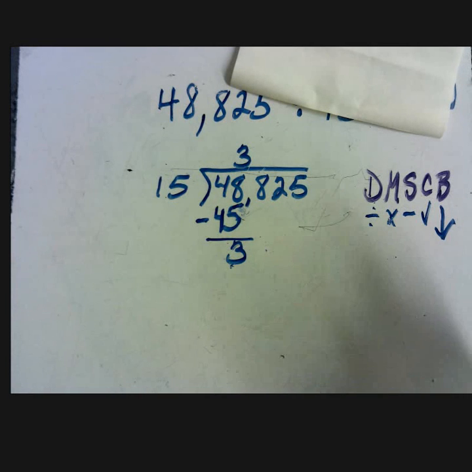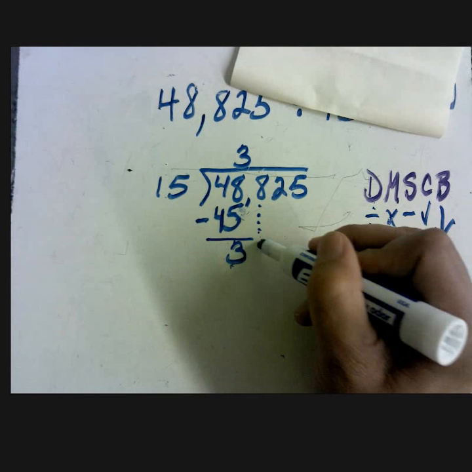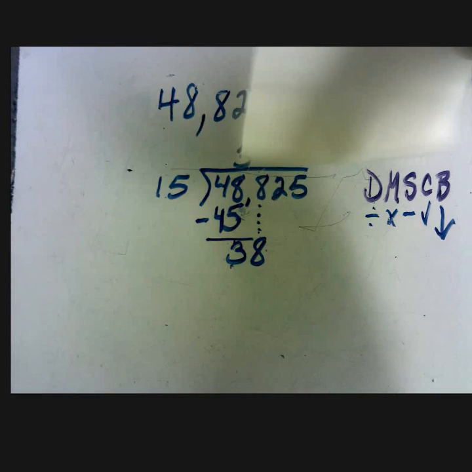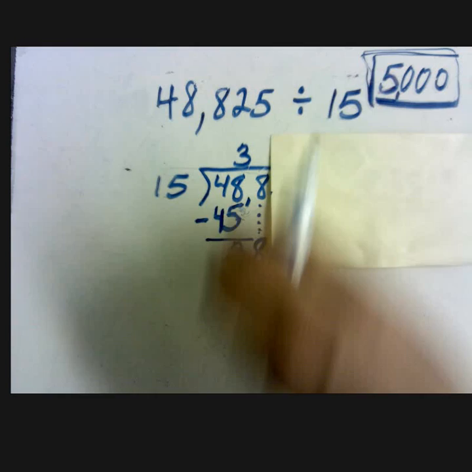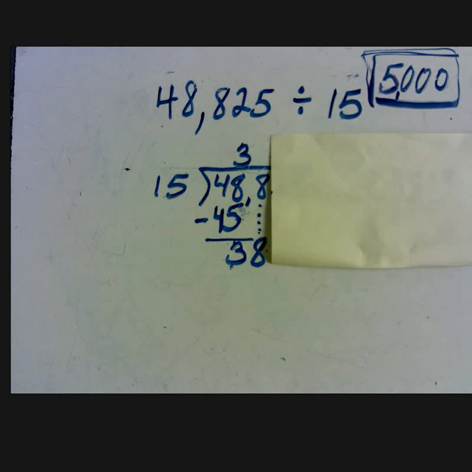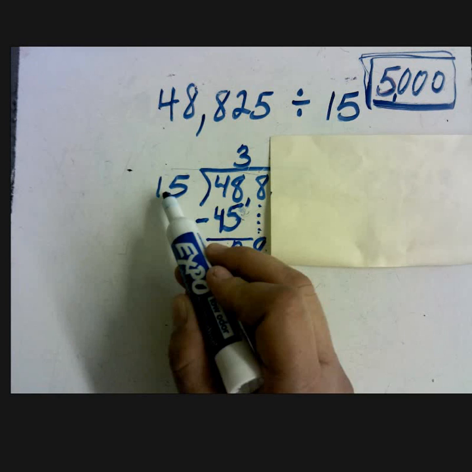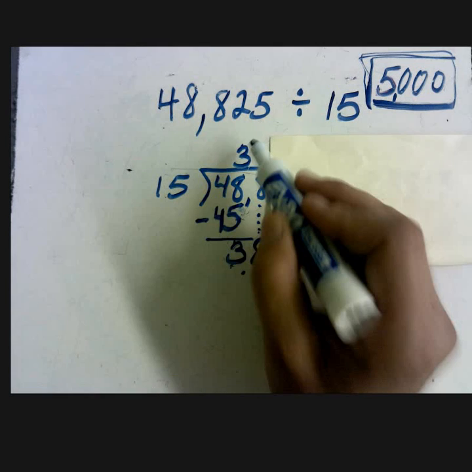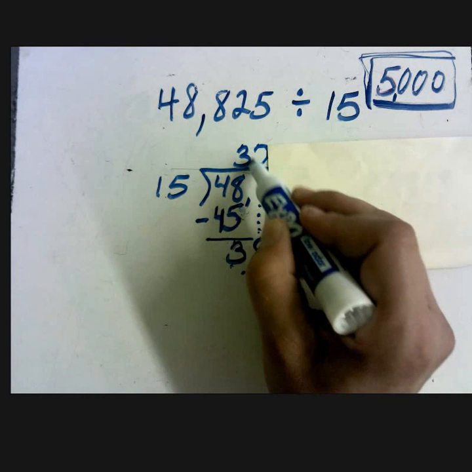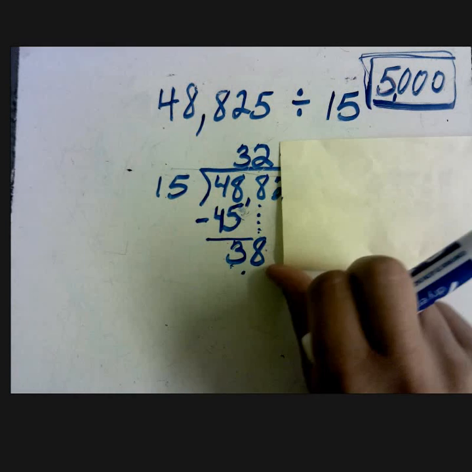Okay? And I know that I can get 2 groups of 15 out of 38. Okay? That's my divide. I just went right back to the beginning. Next, I multiply. 2 times 15 is 30.